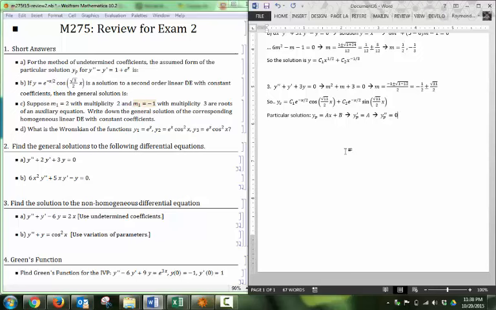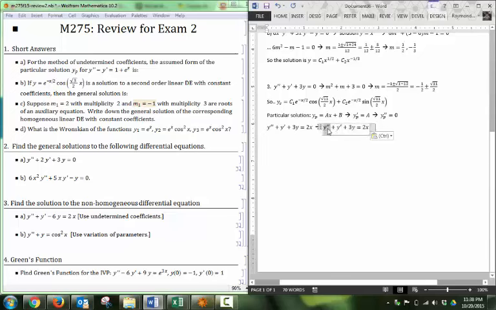Alright, so we'll put it into our differential equation. Remember though, our differential equation is non-homogeneous, so the differential equation should have a 2x here. That's the original problem with a 2x. And so we're going to plug in what we have for the derivatives.